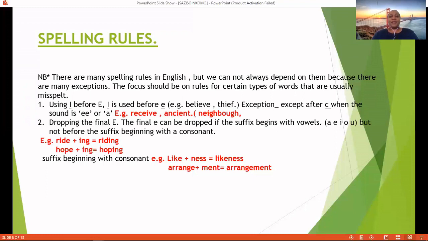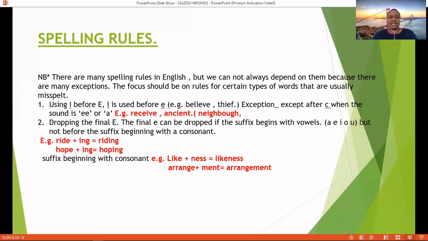E. We have exceptions, of course. That is except after C when the sound is an E, the long E sound. For example, receive. Note now, I comes after E. That's an exception. There is a C there, and then the sound is a long E. So receive.